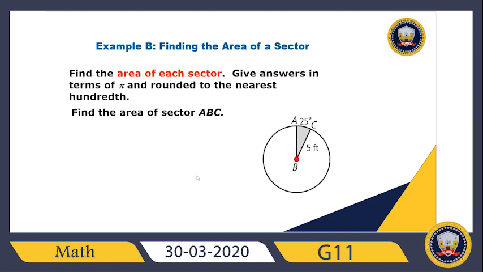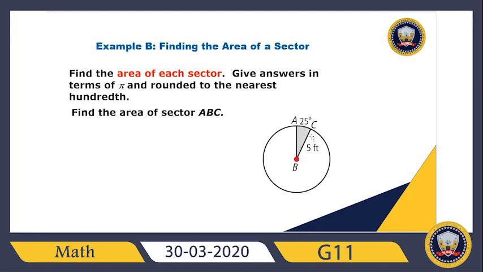Okay guys, another example to find the area of the sector in here. So R equals 5 in this example, while the angle equals 25. Guys, by the way, we call this angle the central angle because it's an angle between the center and two radii.